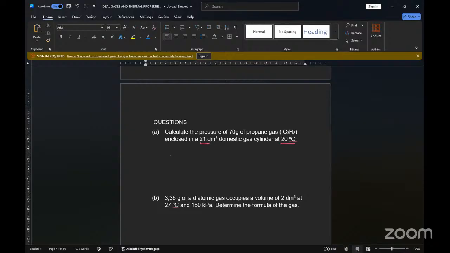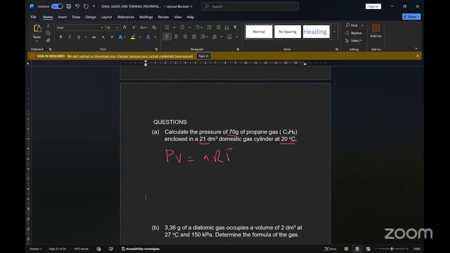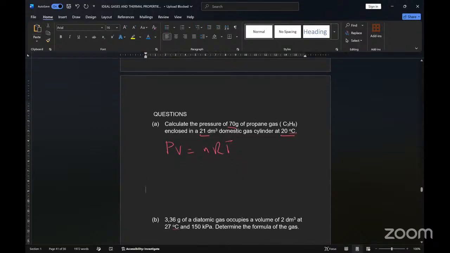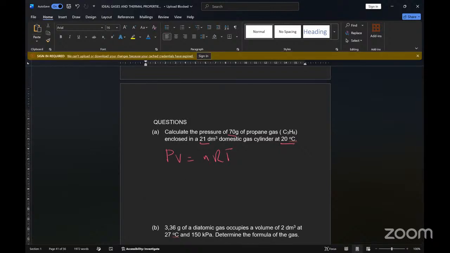Because there's a mass there, the only equation that is relevant is PV equals nRT, because that mass is related to number of moles. So this is the only formula. You cannot say P1 V1 over T1 equals P2. It's not going to help you then. So this one says calculate the pressure.